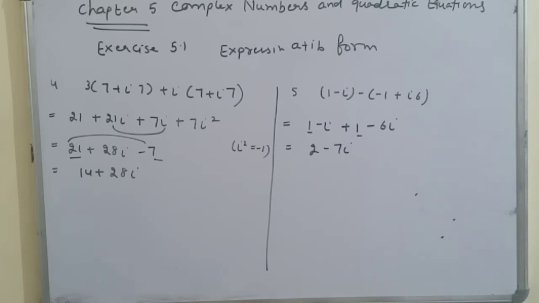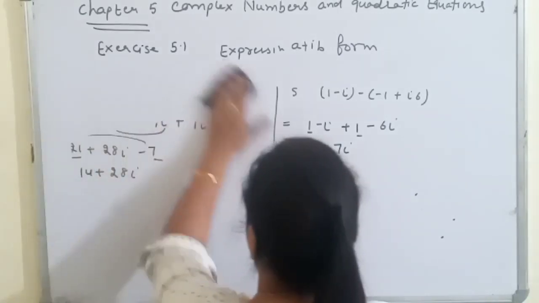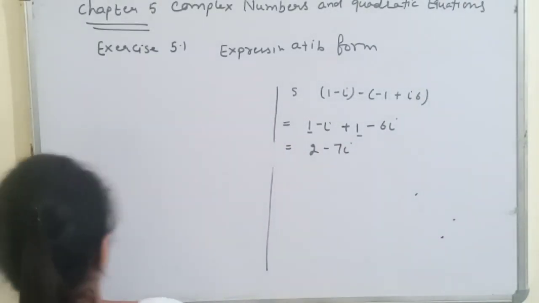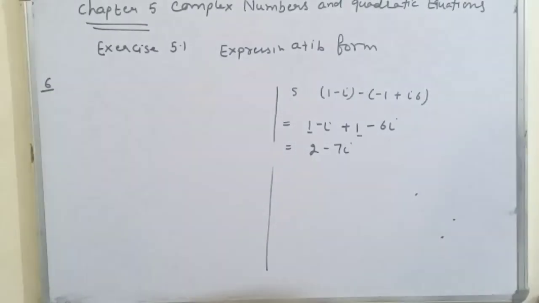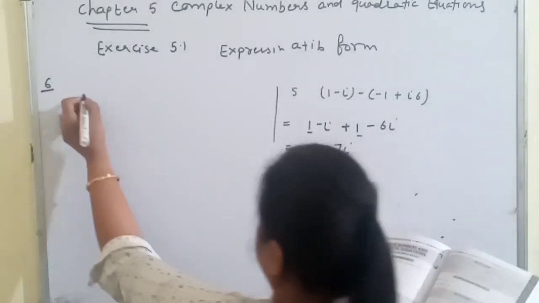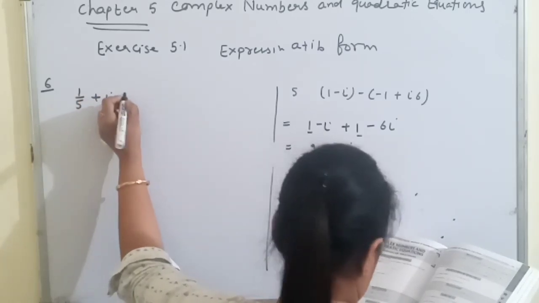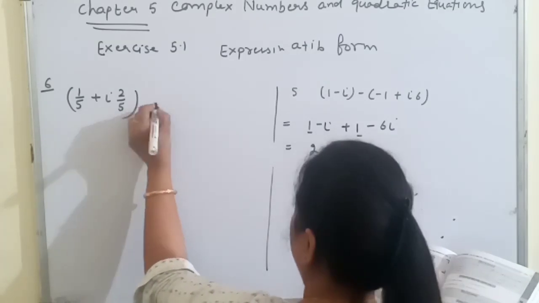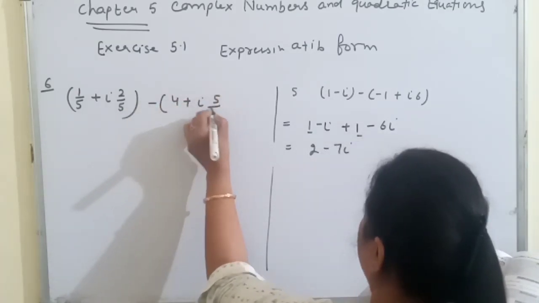Now let's do one more question, that is question number 6. 1 by 5 plus iota 2 upon 5, minus (4 plus iota 5 by 2).